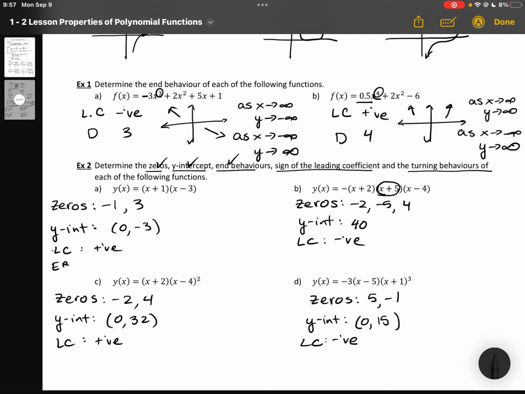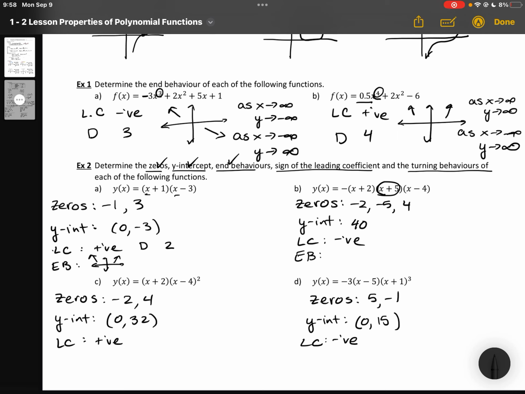For our end behaviors, we can draw our sketch. So my leading coefficient is positive, and my degree is 2, because I've got 2 x's here. So that means that my function is opening up.